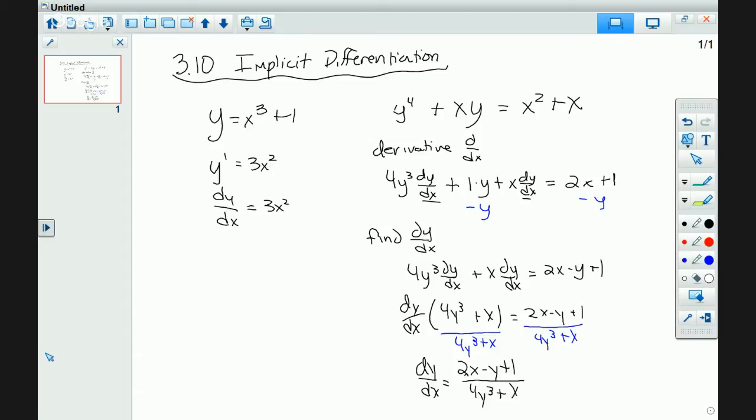Okay, let's look at another one. By the way, these curves start to get kind of funky. This one right here looks like that. Think about this.